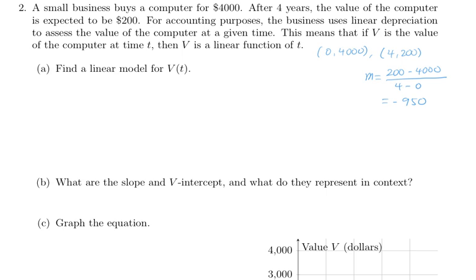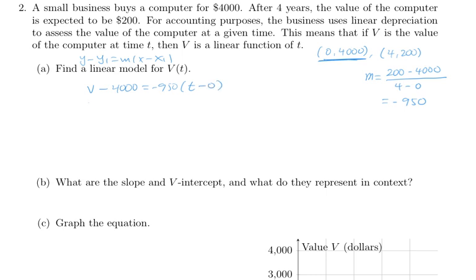All right, so again, we're going to use the same formula. Remember, y minus y1 equals m times (x minus x1). The only difference is you're going to change the y for b and the x for t, but it's the same formula. So you're going to have b minus y1, which is 4,000, equals the slope, which is minus 950, times (t minus 0).